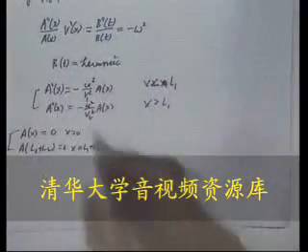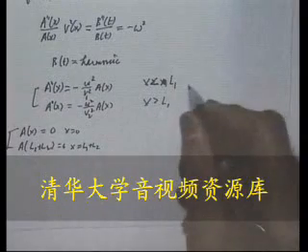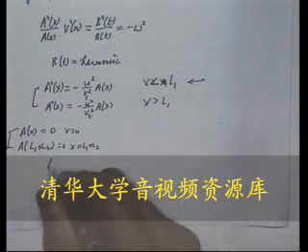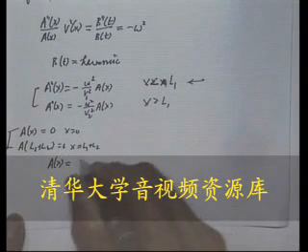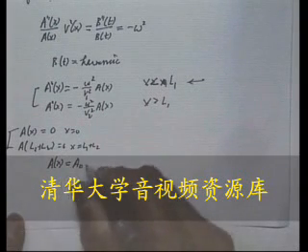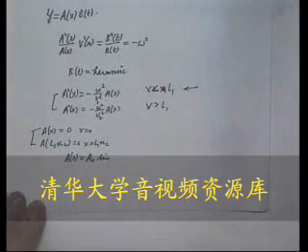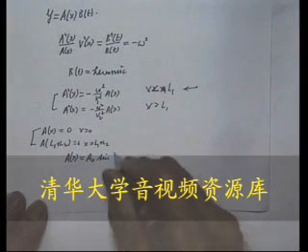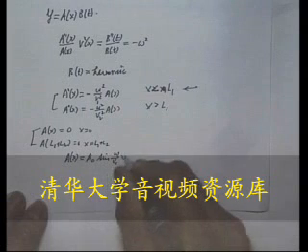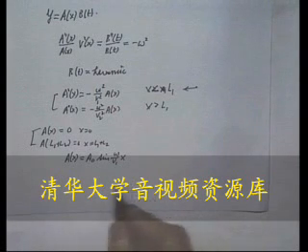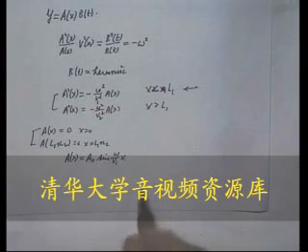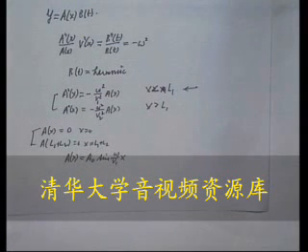So if we use that to solve this equation, we get A of x equal to A0 sine. You can have a cosine also, but the cosine part must be 0 in order to satisfy the first boundary condition.